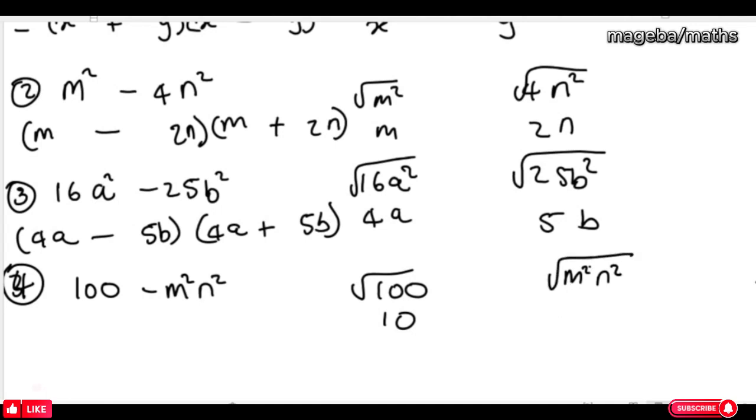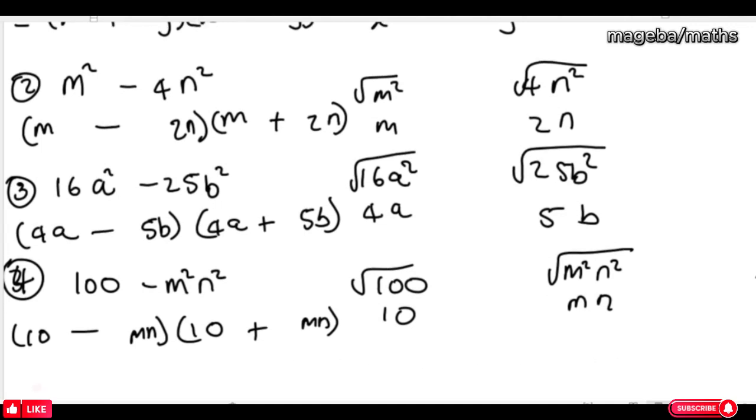Square root of m squared, it's m. Square root of n squared, it's n. And then open two brackets. We have 10 here, we have 10 here. Square root of m squared n squared is just mn. It's mn. It's plus or minus. It depends which one you choose.